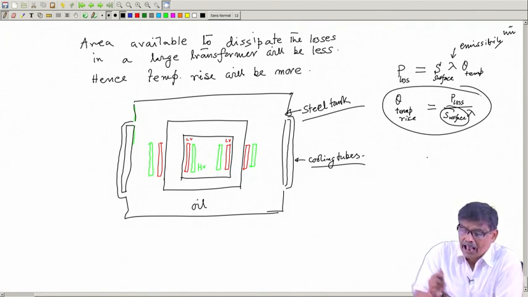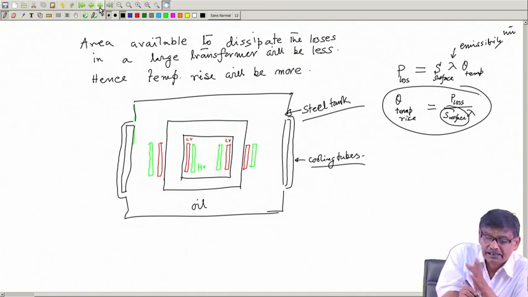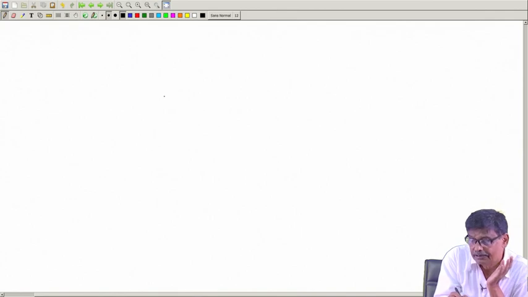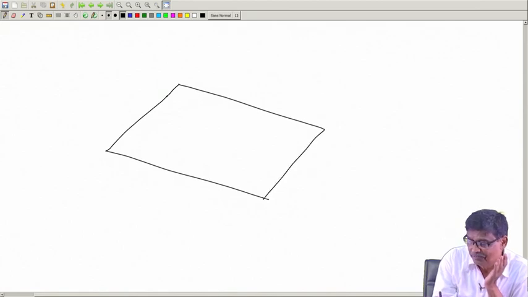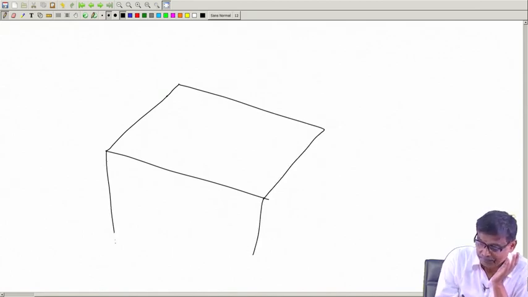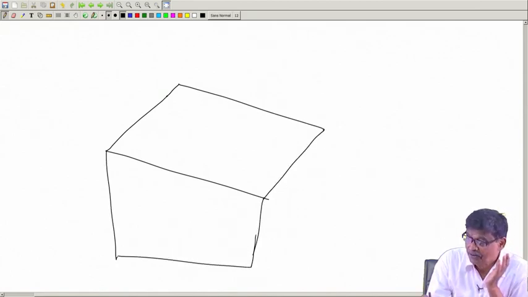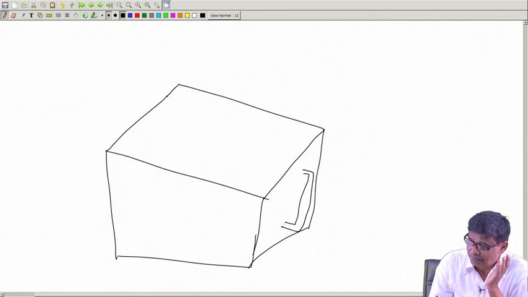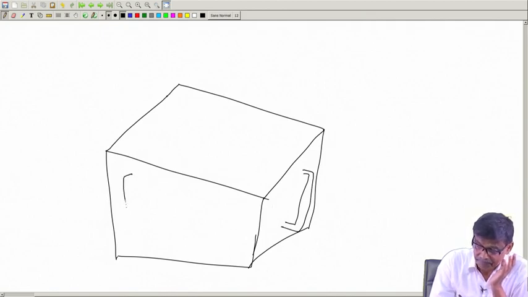Okay. Now, another thing I will tell, these are tidbits, but it is better you know that. What are the fittings you will expect for distribution transformers say? So, there will be cooling tubes here all along, effectively increasing the surface area through which heat will be dissipated.